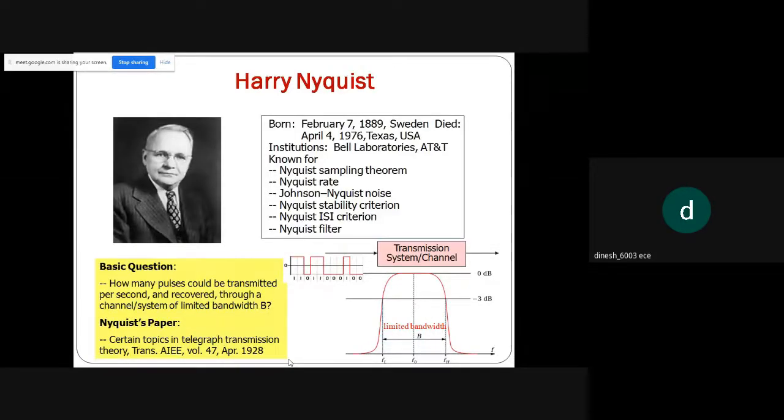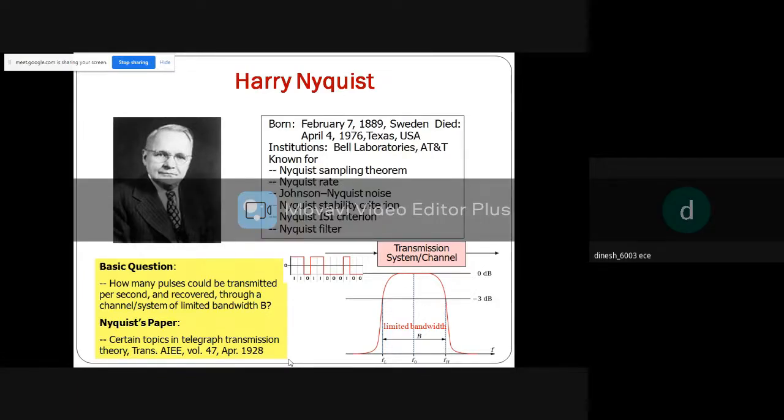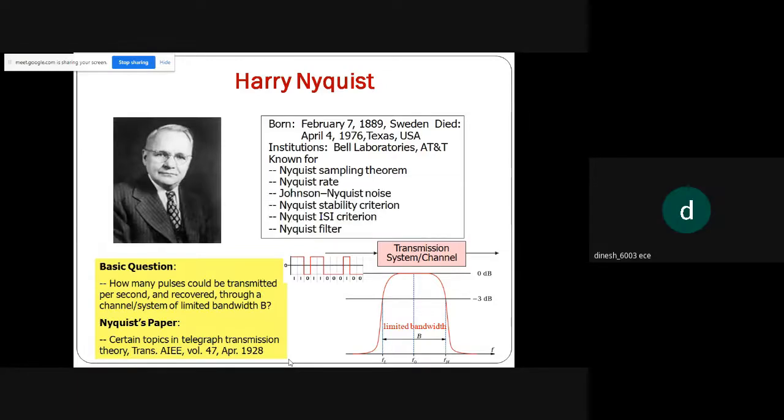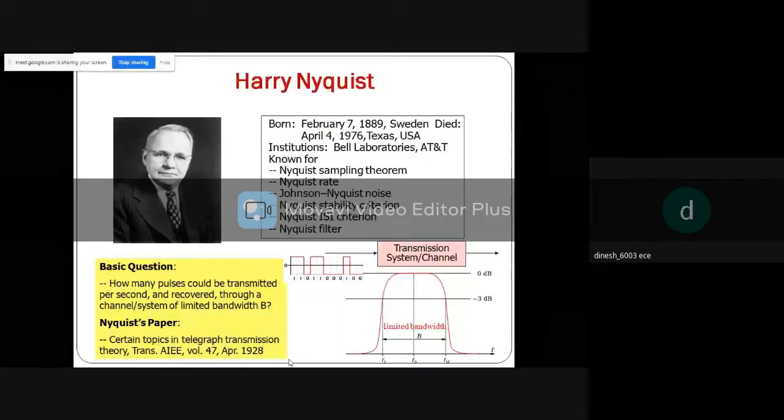This sampling theorem is what we are going to concentrate on in communication. You probably have studied all those six inventions or six postulates by Harry Nyquist. The basic question is how many pulses could be transmitted per second and recovered through a channel or a system of band limit, and he addressed this question appropriately.